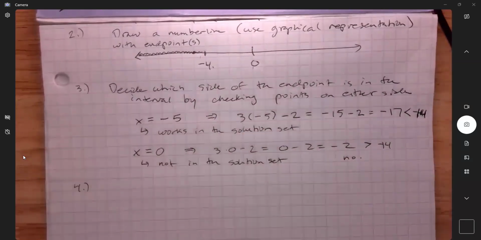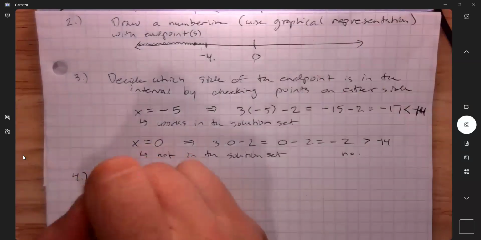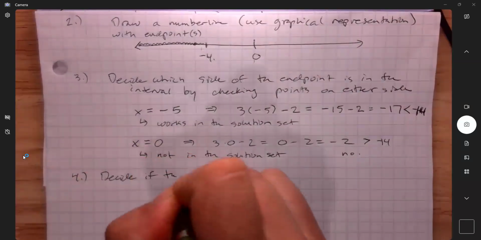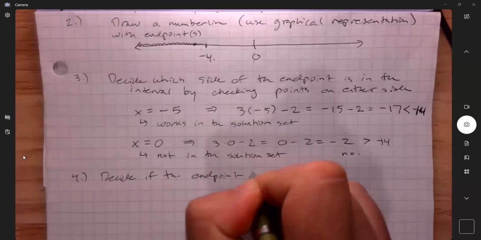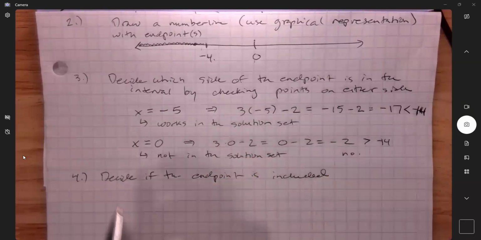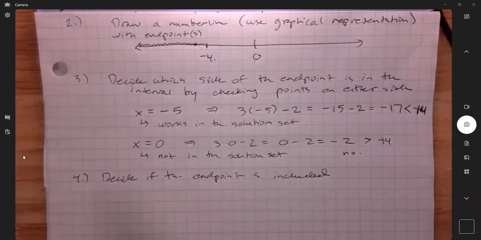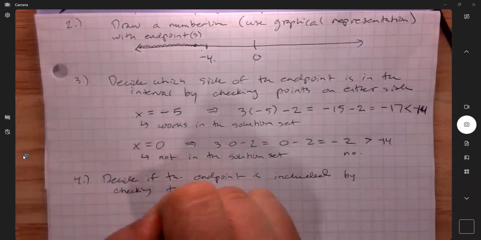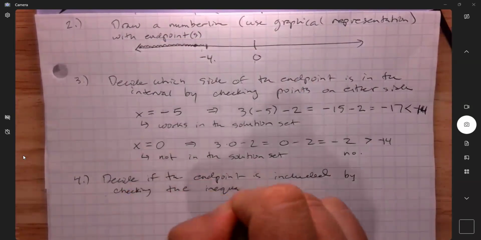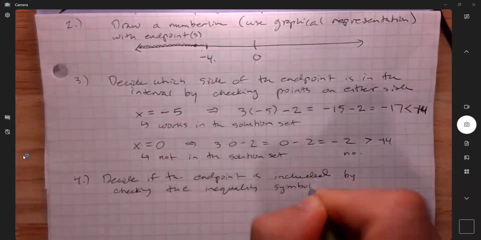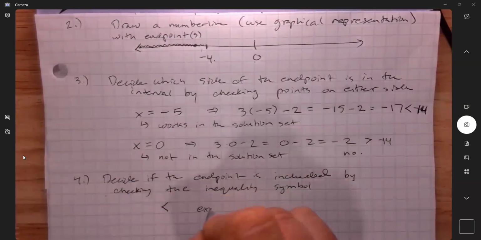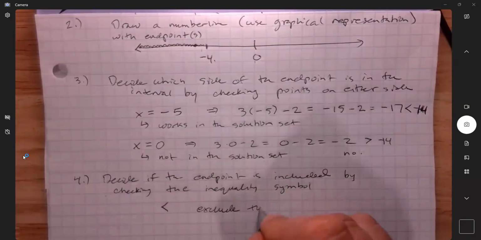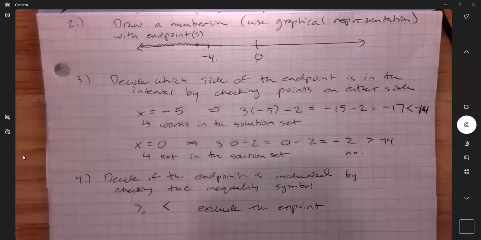And the last step is to decide if the endpoint itself is included. We could have decided that earlier, but I tend to do it at the end, and that's fine. By checking the inequality symbol, a less than means exclude the endpoint, or a greater than.